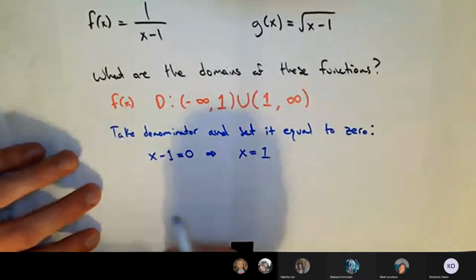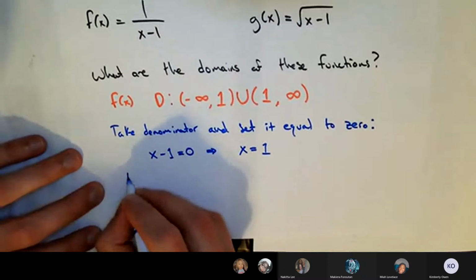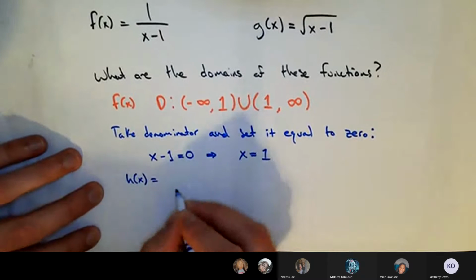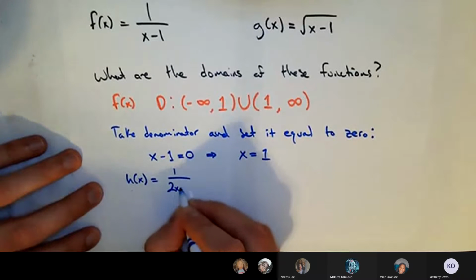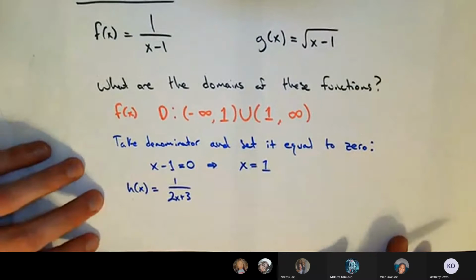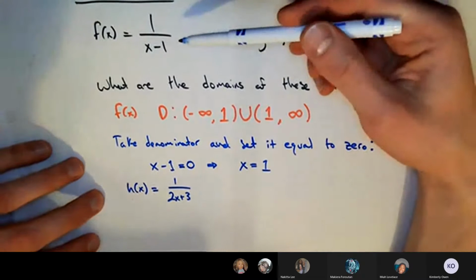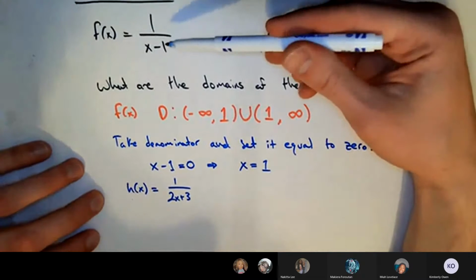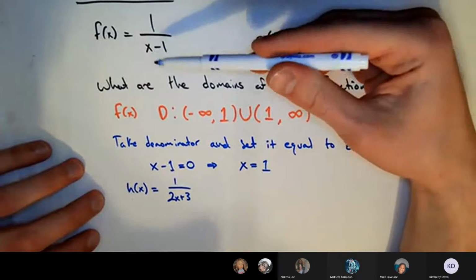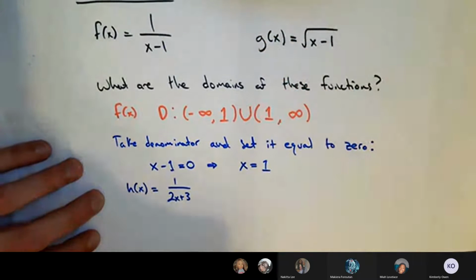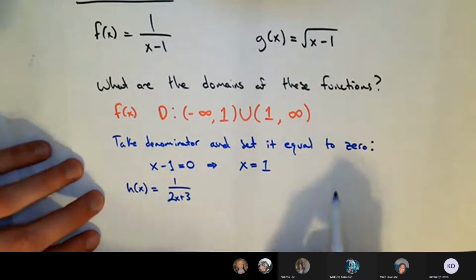So just as another real fast example, if I had h of x equal to 1 over 2x plus 3, what is this function's domain? When you look at f of x up here, it's easy to tell that 1 is not allowed, because 1 minus 1 is 0. You don't really need to do this to figure that out.